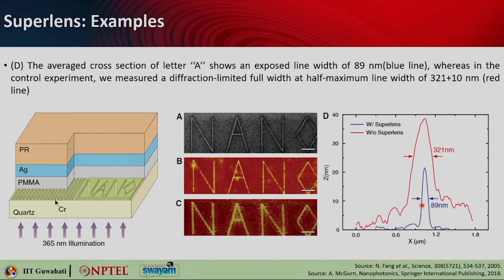So here you can see the cross section, the average cross section of the letter A shows an exposed line width of 89 nanometer. This is the case when you are having the silver super lens, but when you don't have it, without the silver super lens, the full width at half maximum line width significantly increases and it goes to 321 nanometer.